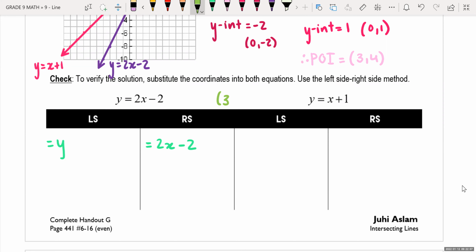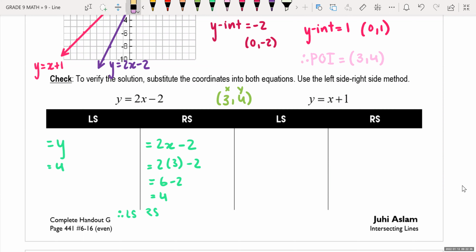We're checking using the point 3, 4. 3 is your x and 4 is your y. Okay, so my y is just a 4. And then for this side, it's going to be 2 times 3 minus 2, which is 6 minus 2, which is a 4. So this is great. We can say, therefore, left side equals right side.